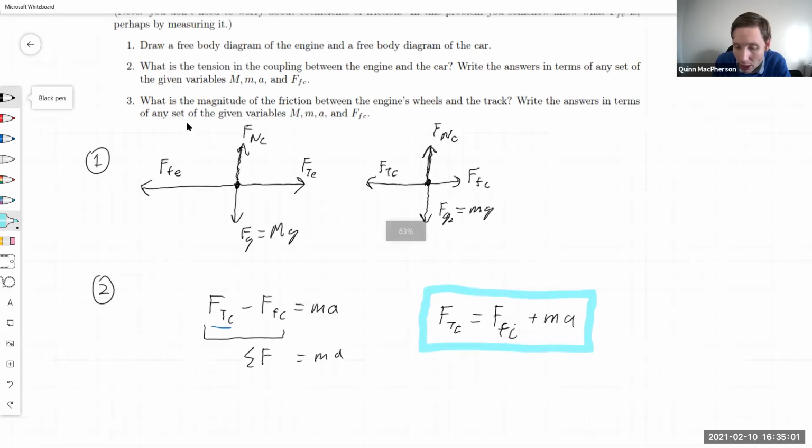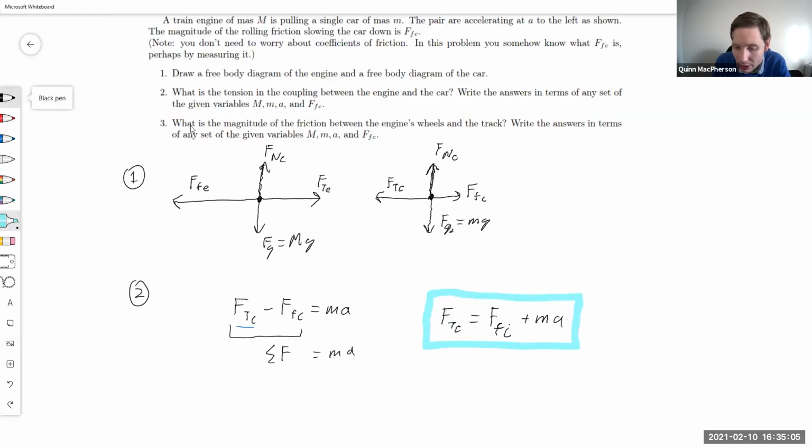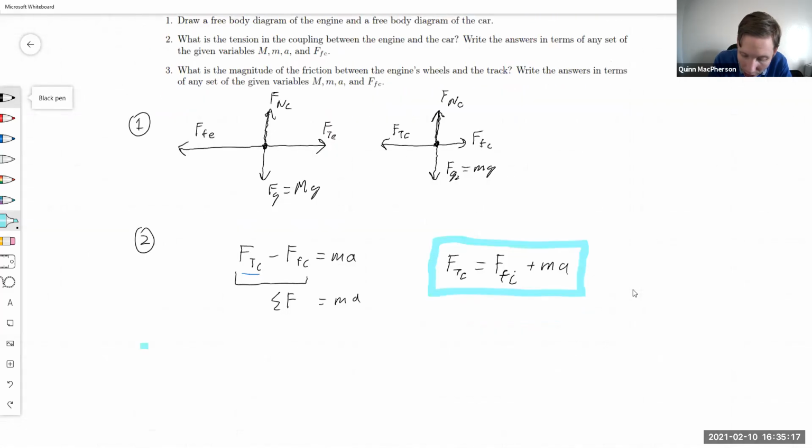Okay. Part number 3 asks us, what is the magnitude of the friction force between the engine's wheels and the track? Write the answer in terms of all the other variables. Okay. So we're trying to find the frictional force of the engine. So it's pointing forward, but we're told to just find the magnitude of it, how big it is.